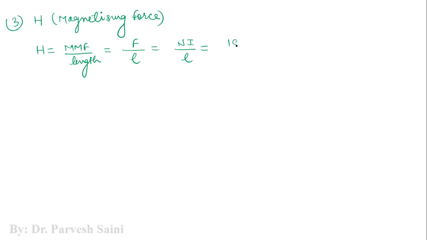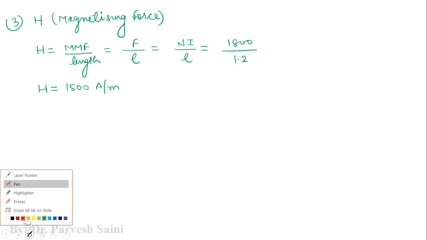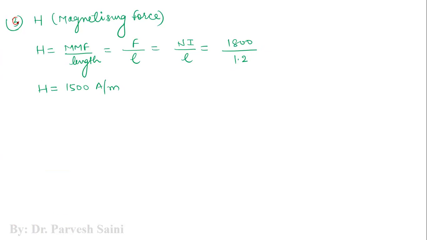And the mean length is given to us, which is 1.2 meter. So the value of H, if we solve this, is 1500 ampere per meter. So this is the answer for the part C, or third part basically.